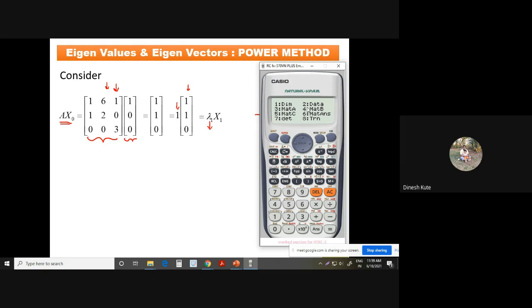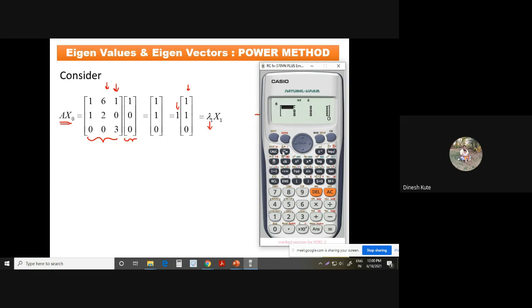Now, as we have to take the product of these two matrices, A matrix and X naught matrix, first of all we need to store these two matrices in this calculator. So in option 2, data, I will store all these matrices. Let me take the first matrix, Mat A, of order 3 by 3.